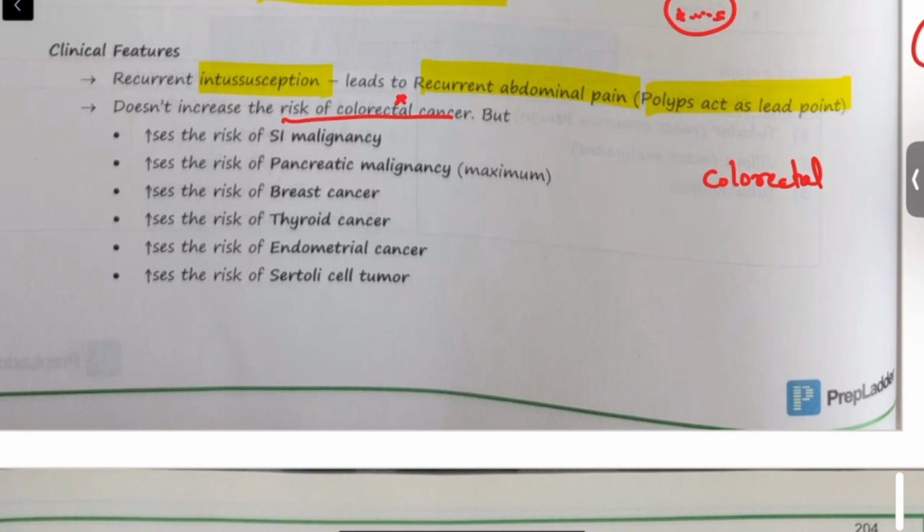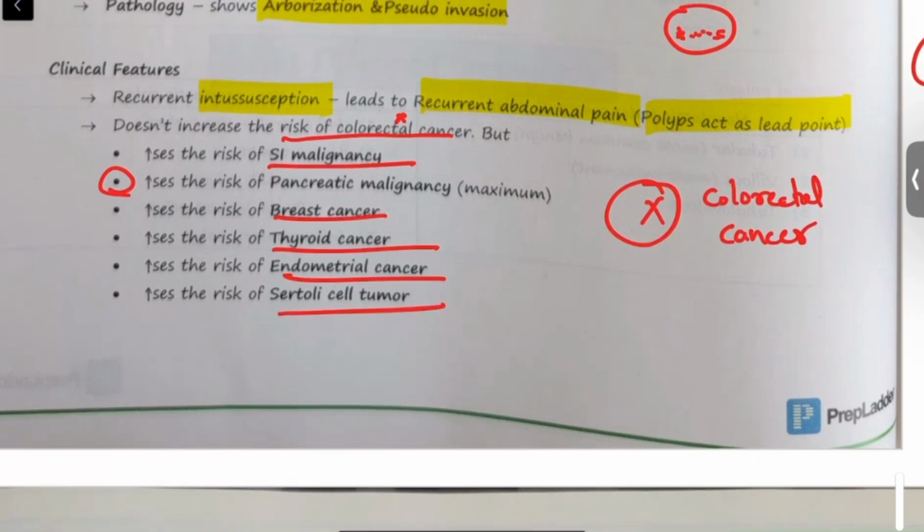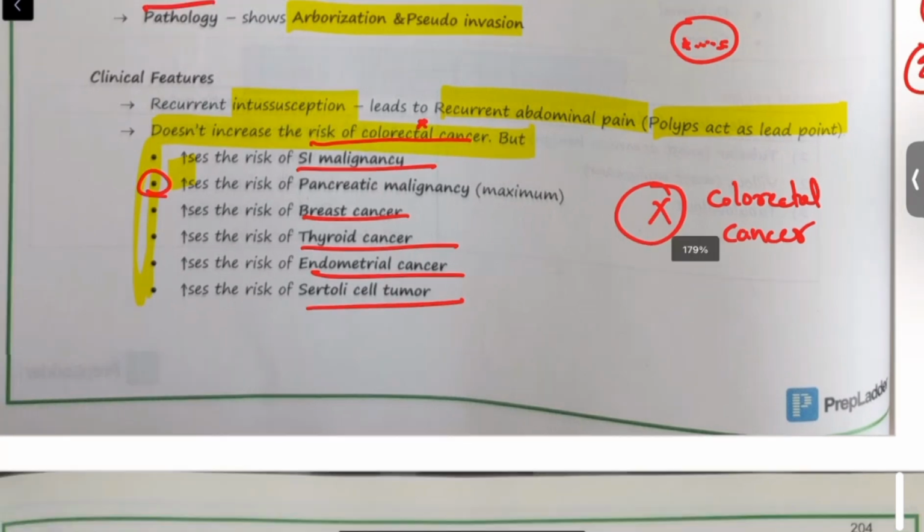Even though there are multiple polyps, it doesn't cause colorectal cancer, but it can lead to many other cancers like small intestine malignancy, pancreatic malignancy, breast cancer, thyroid cancer, endometrial cancer, Sertoli cell tumor. It is a risk factor for all these, but it is not a risk factor for colorectal cancer.